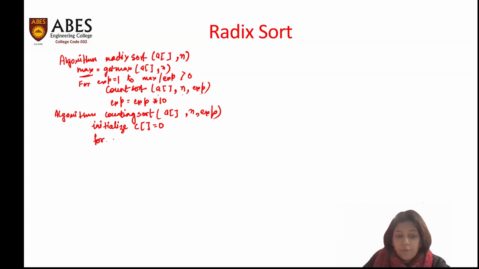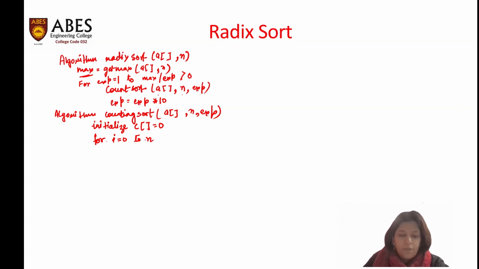So let us just do this. But here we have to increment the value. We have to start this loop from i equals 0 up to i equals n. And what do we have to do?